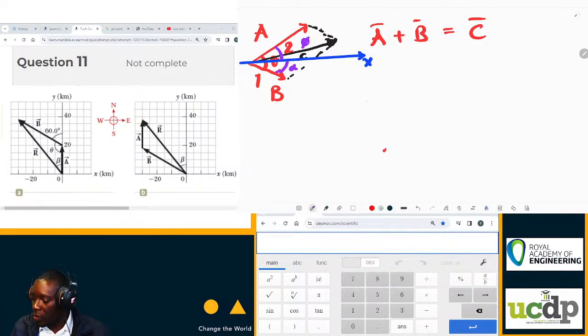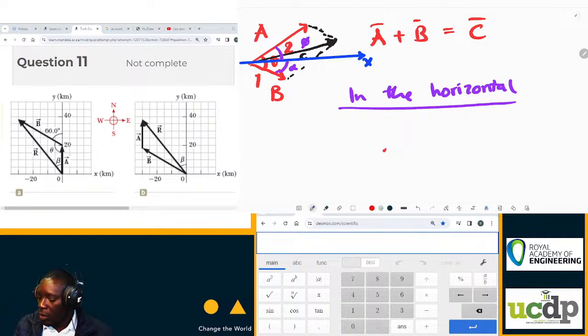So for components in the horizontal, which is x, we have ax equals vector A magnitude cos phi.